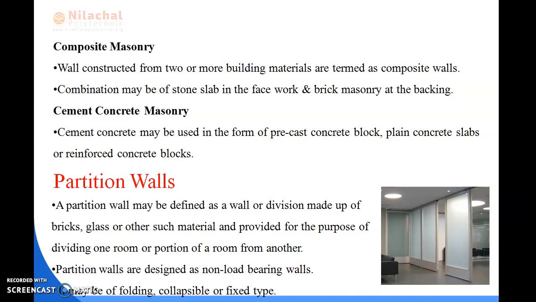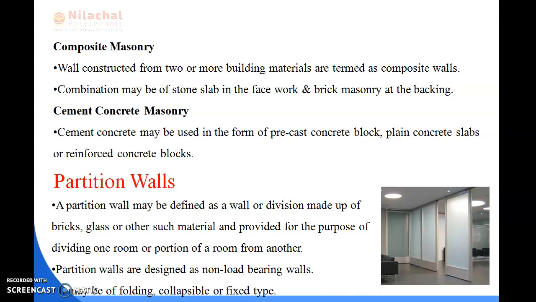So in the composite wall, two or more building materials are combined: in the front face work we can use the stone slab, and in the backing face we can use the brick masonry.